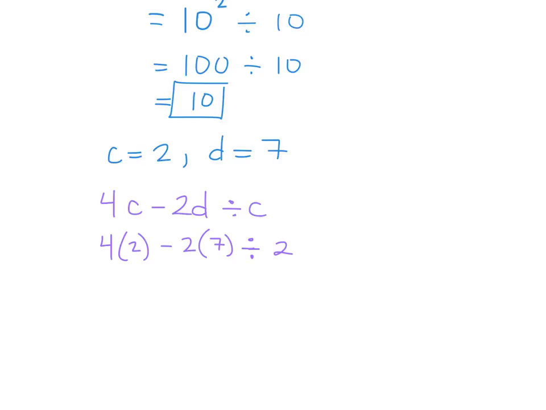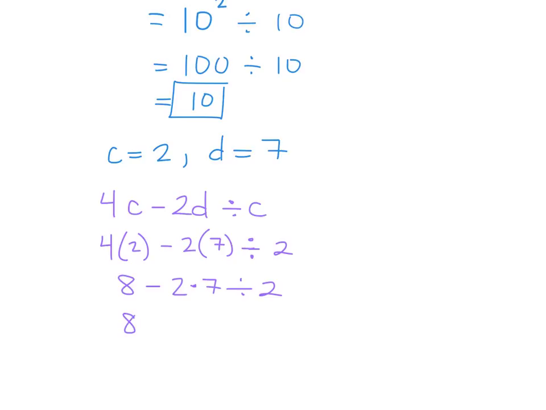So 4 times 2 is 8 minus, and now I'm fine if you want to just write this right now as 14, but for the sake of anyone who that confuses, I'm just going to write it out how it is. So it looks like that. What's the next multiplication I'm going to do? Or division? 2 times 7.